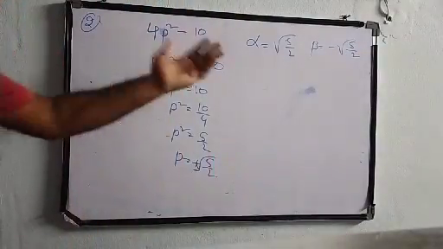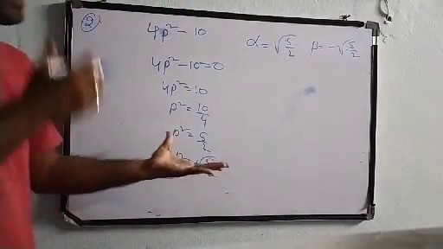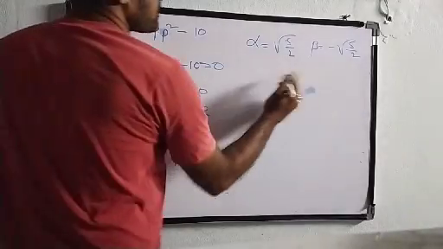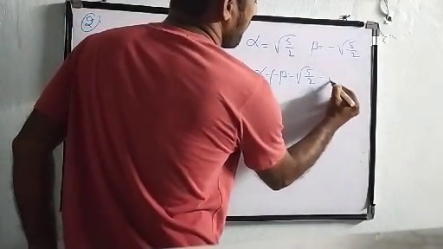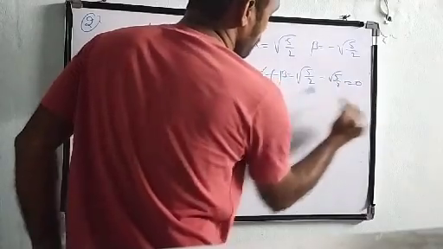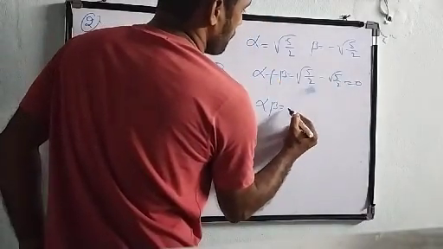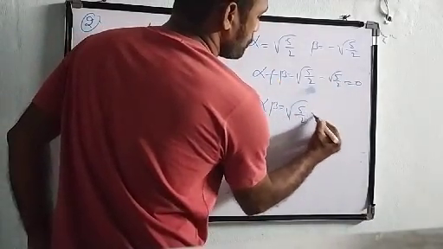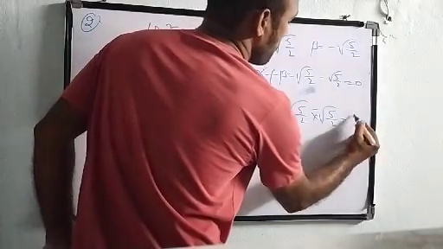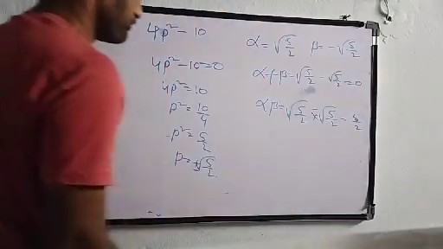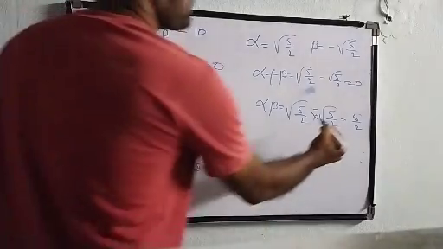So again we have to do the sum of the zeros, product of the zeros and all those things. If I do the sum of the zeros, it will be root of 5 by 2 minus root of 5 by 2, it will be 0. Product of the zeros, root 5 by 2 into minus root 5 by 2, it will be minus 5 by 2.